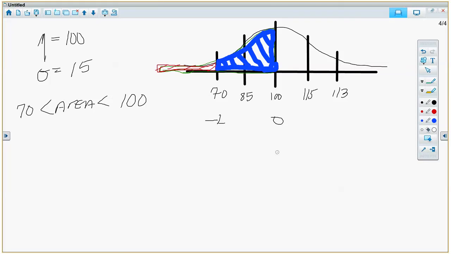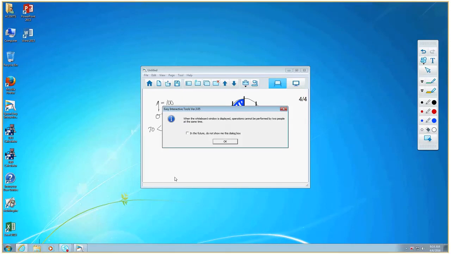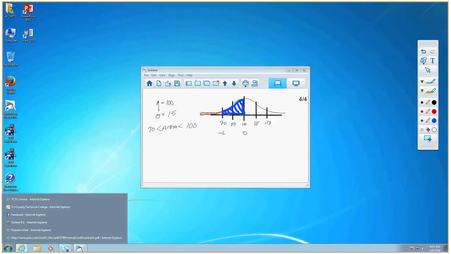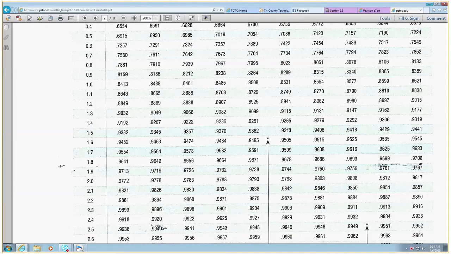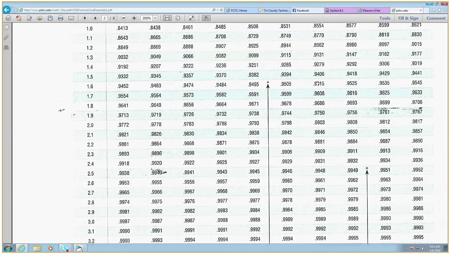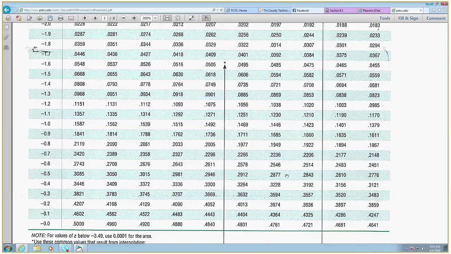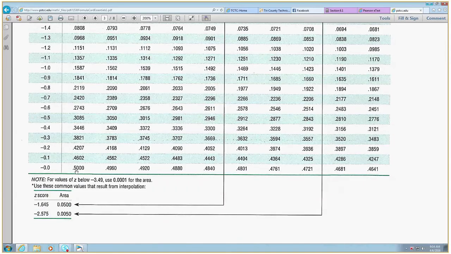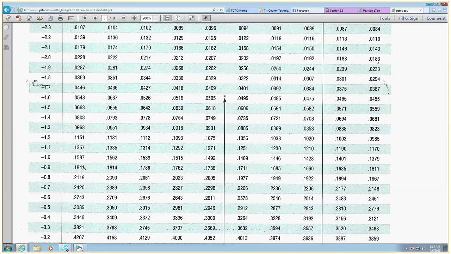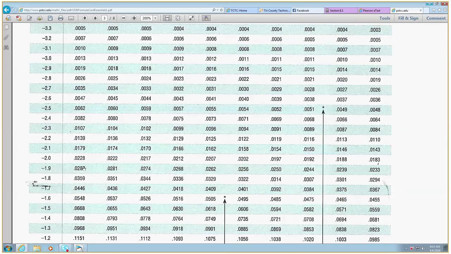So now we go to the handy-dandy z-table, and go to the negative screen because that's basically where we're going. And they have 0 right here is 0.5. So you're going to take 0.5 and we're going to subtract negative 2, which is 0.0228.